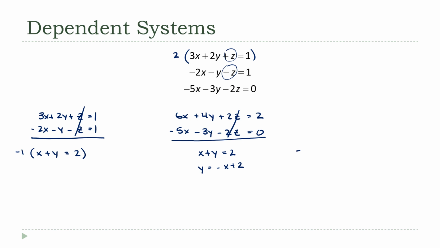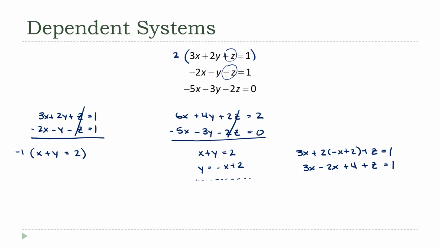So that'll become 3x plus 2 times minus x plus 2 plus z equals 1. So we'll distribute the 2. This becomes 3x minus 2x plus 4 plus z equals 1. And now what I want to do, because over here on this first one I solved it for y in terms of x, is solve this one for z in terms of x.